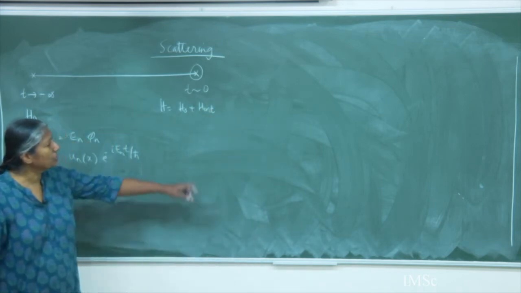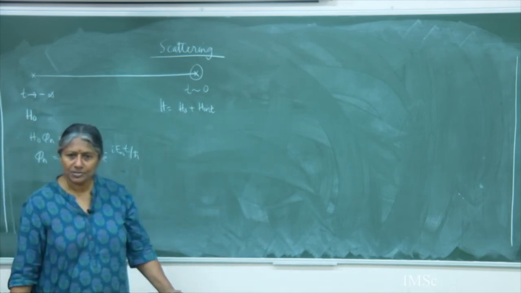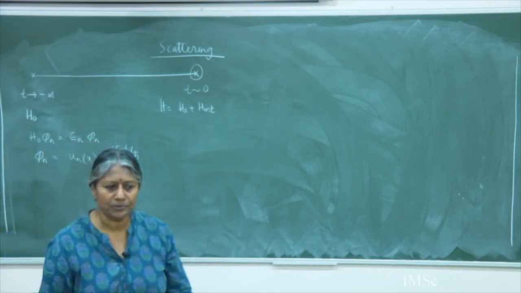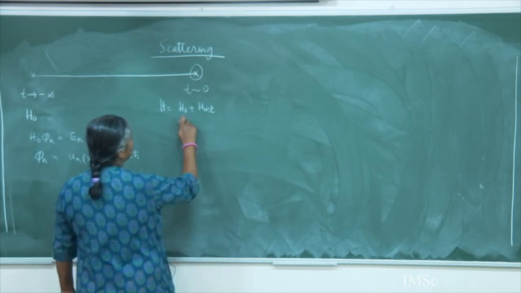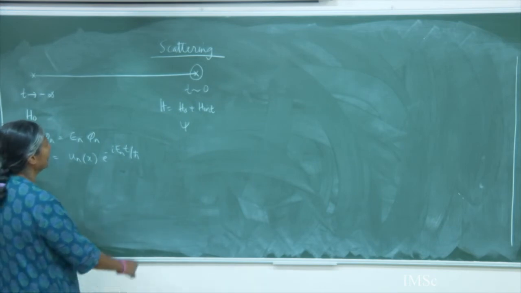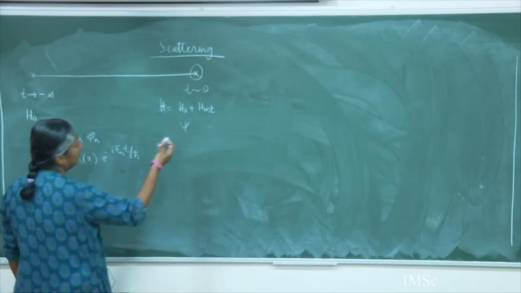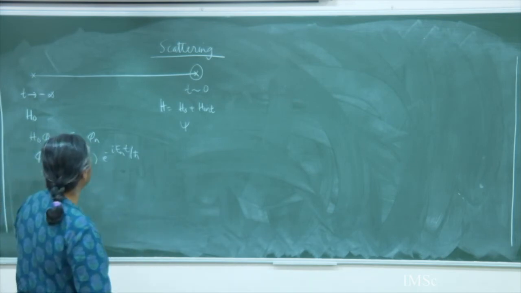You will always assume that H int is small compared to H naught. So this is the perturbation theory approximation that we are talking about. And here, there is some wave function psi corresponding to H, and we don't know what psi is because now there are interactions. We can't solve this exactly.